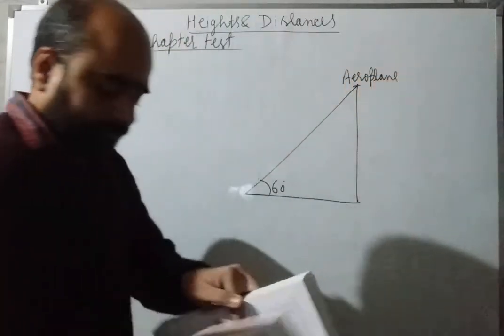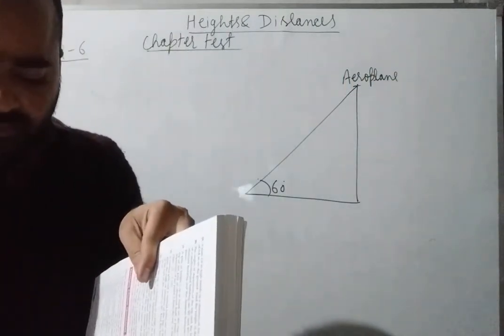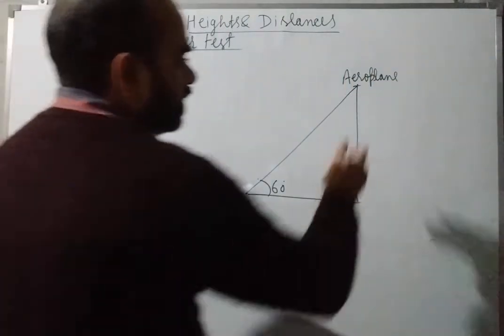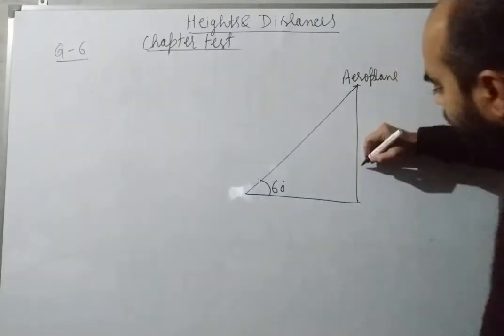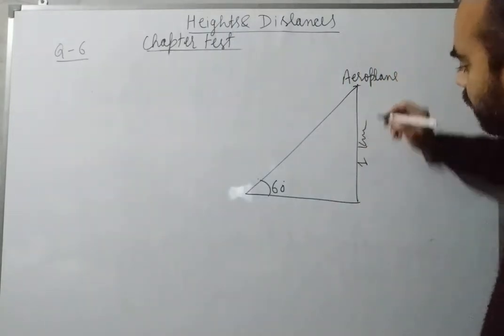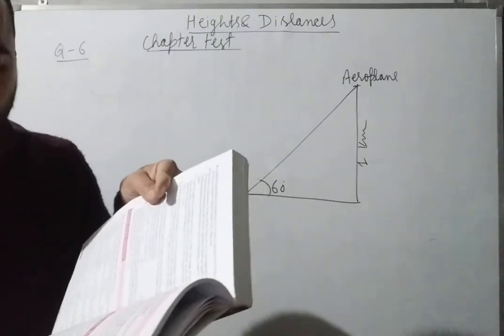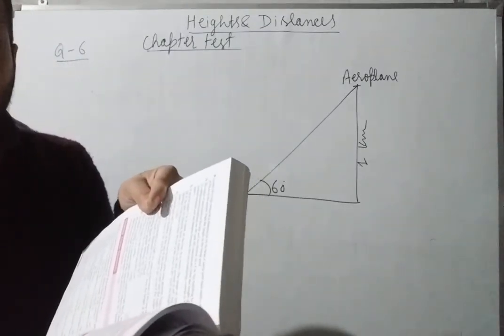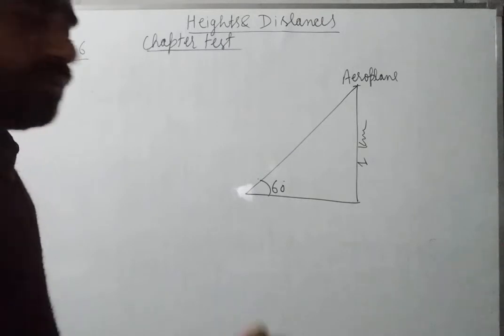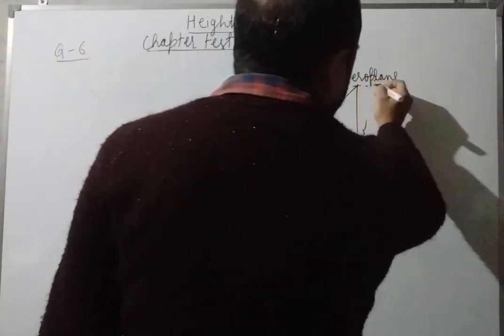Now next, horizontally 1 kilometer. So this height is 1 kilometer. After 10 seconds, its elevation is observed to be 30 degree. Horizontally means in this horizontal line.